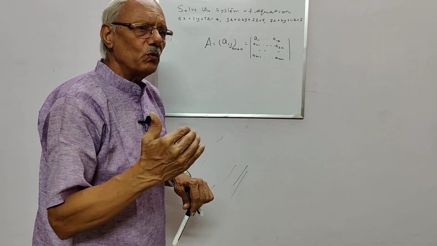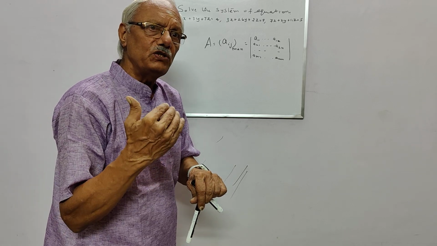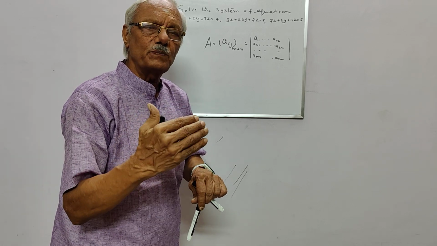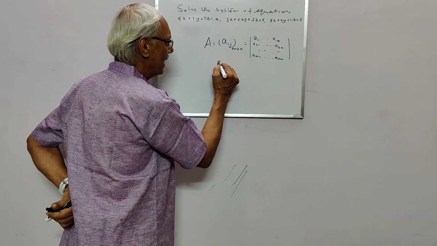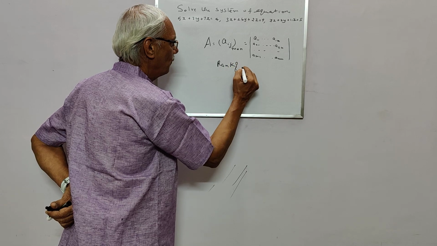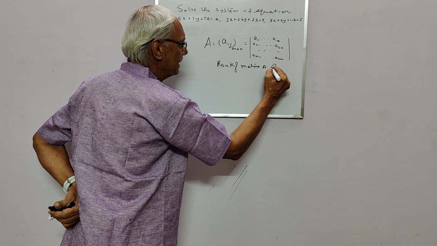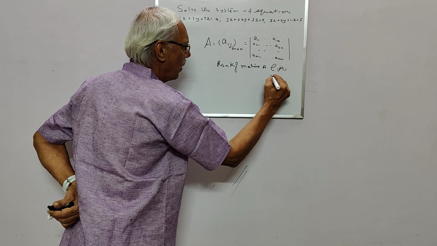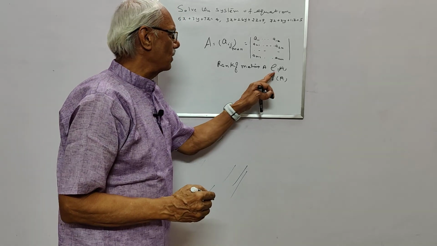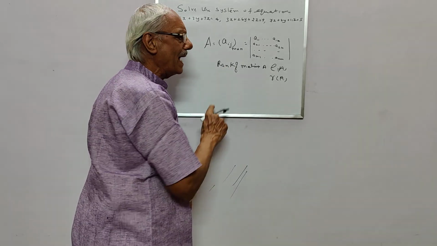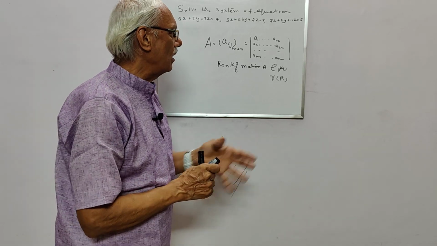Now I am going to explain a new concept called the rank of the matrix A. I write it as rho of A, or even in some books we can find R of A. By this rho of A I mean the rank of the matrix A.